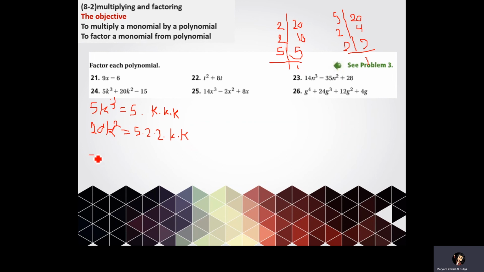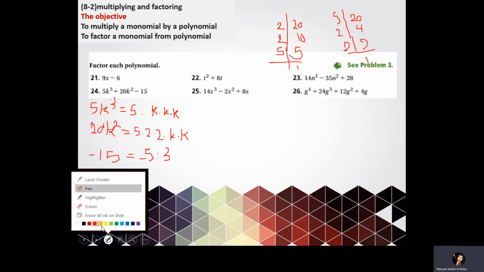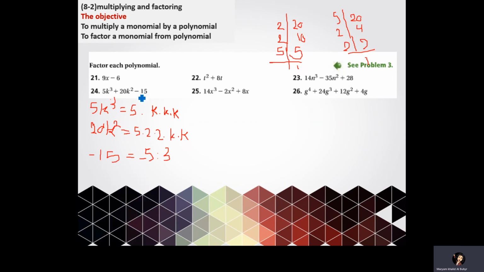The last term that I have is negative 15. Even the negative 15, I have to simplify it, or factor it. So negative 5 times 3. Now I'm going to take the only thing that is the same in all of them, only 5.